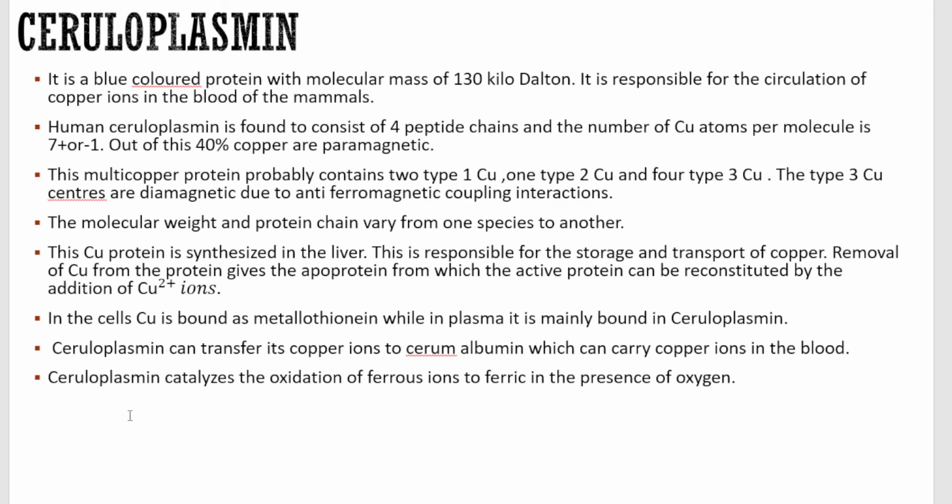Other than transportation and storage of copper, it also does one more important function: as we studied previously, it catalyzes the oxidation of ferrous ions to give ferric in the presence of oxygen, which is required for storage of iron in transferrin.